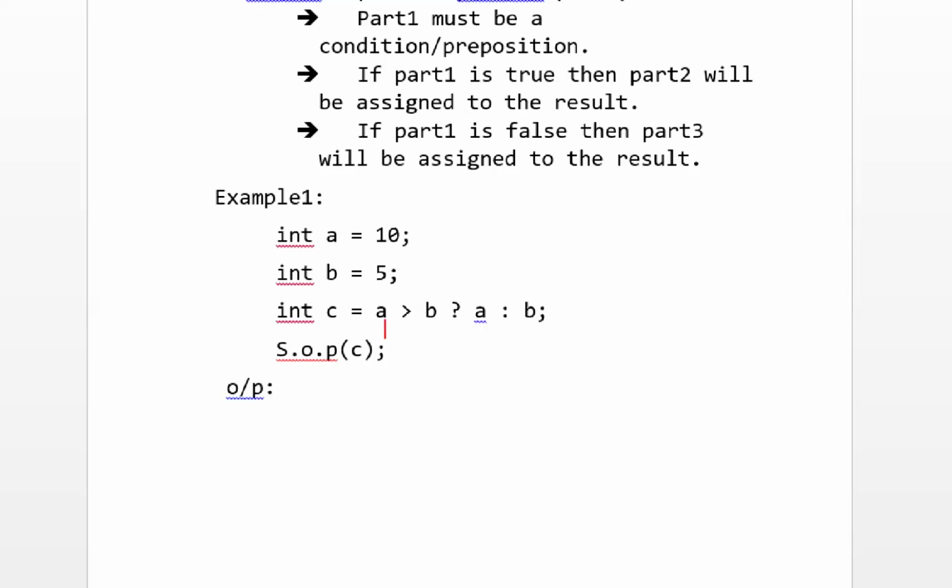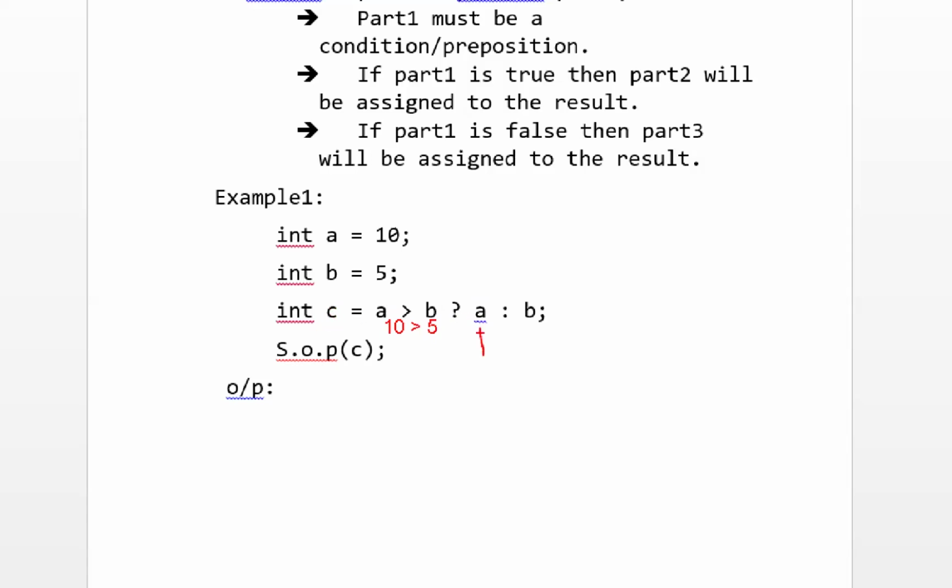The value of A is 10 and the value of B is 5. 10 greater than 5, what is the result of this condition? True. If the condition is true, which part will be assigned to the result called C? Part 2.